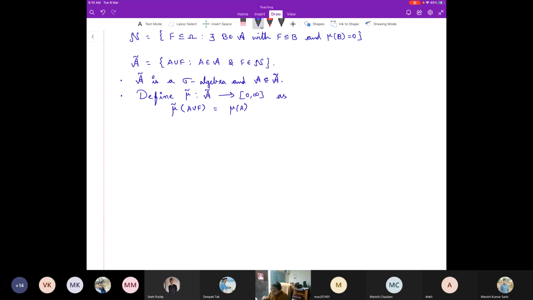Correct. So suppose that we have defined this. Well, the first claim is that mu tilde is well defined.